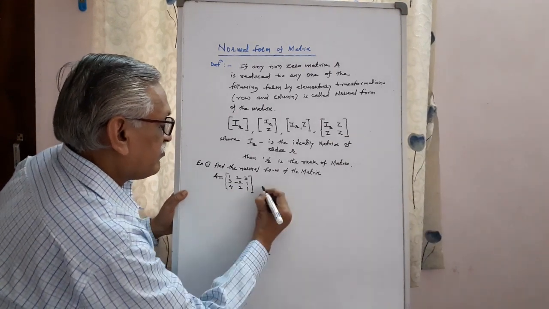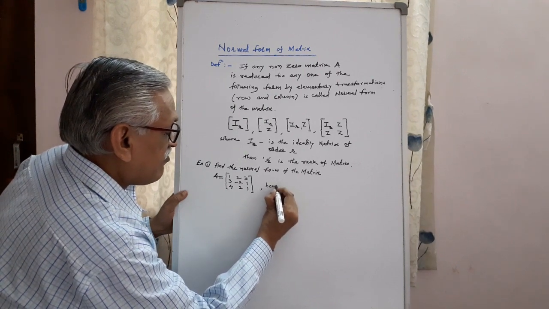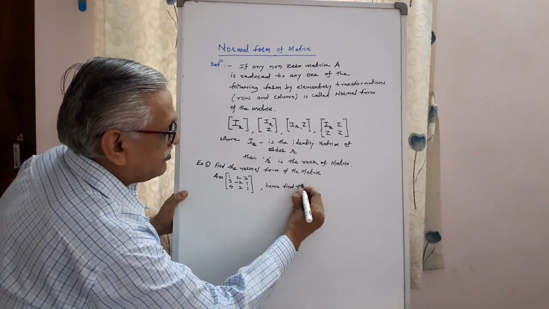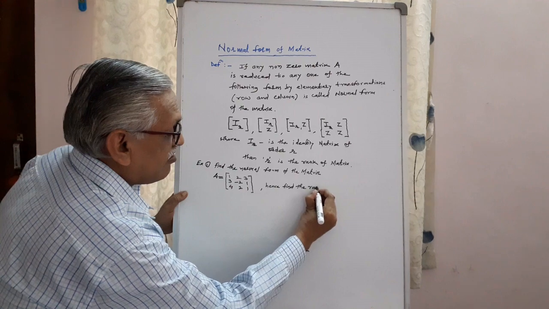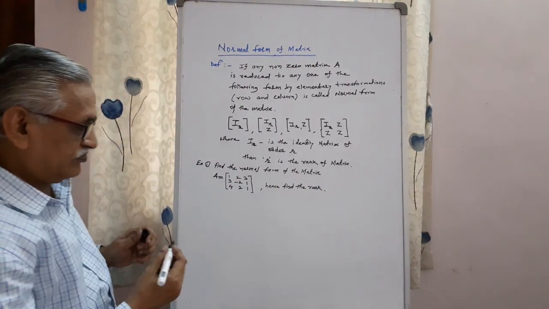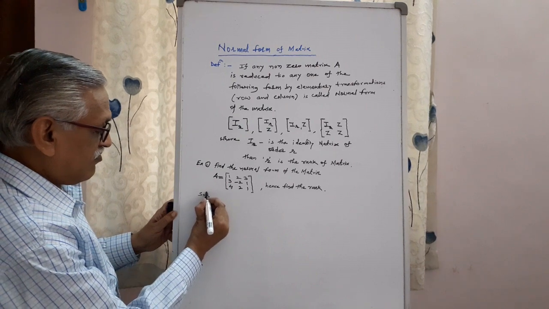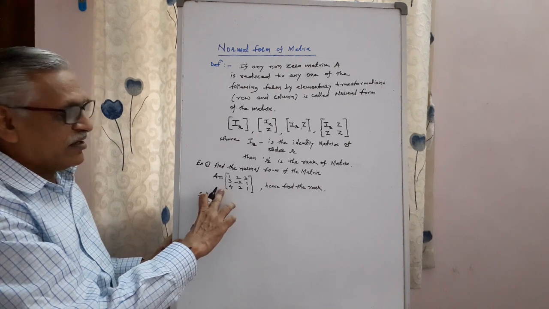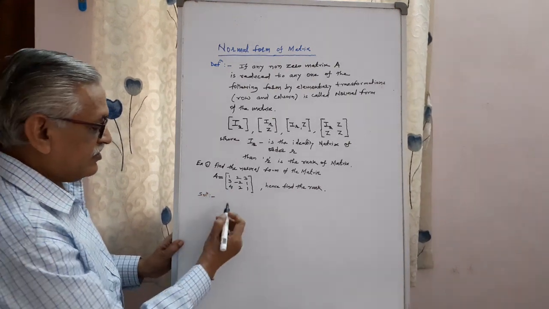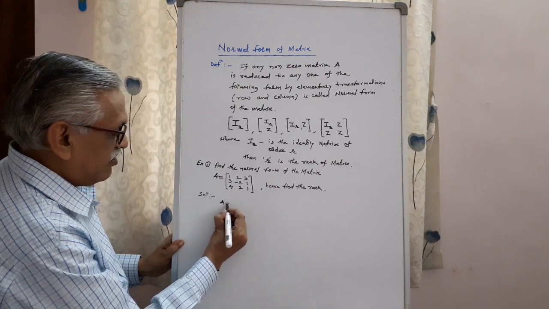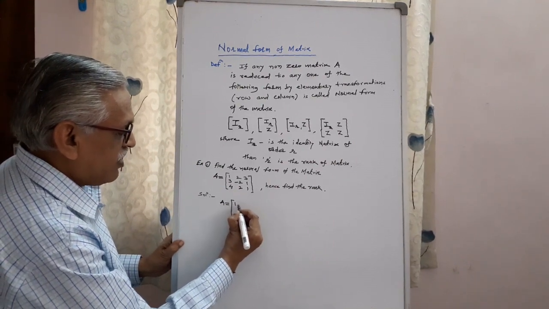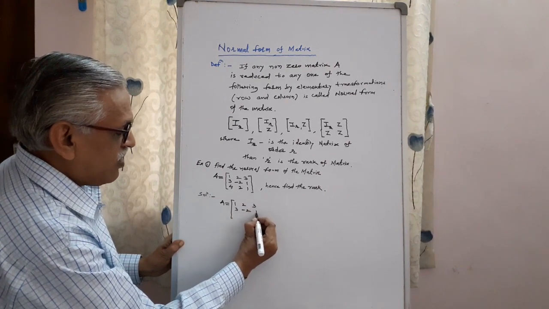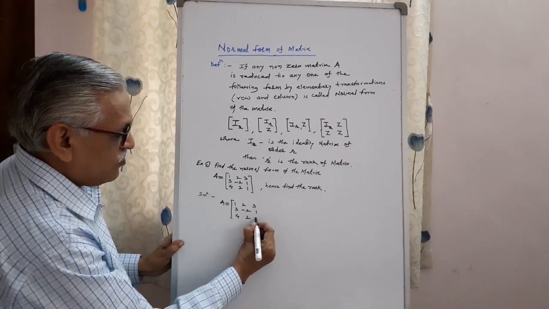Hence, find the rank. Here the given matrix is of order 3 by 3. A equals 1 2 3, 3 minus 2 1, 4 2 1.